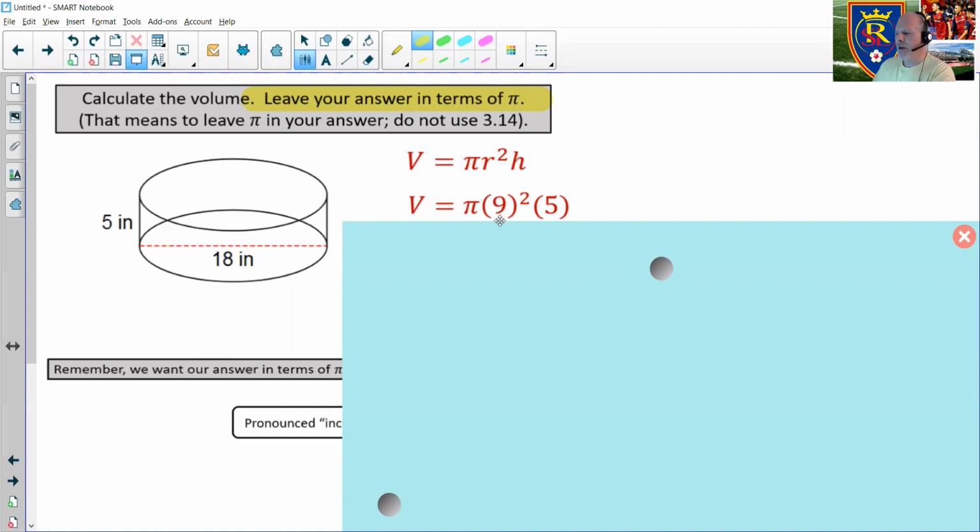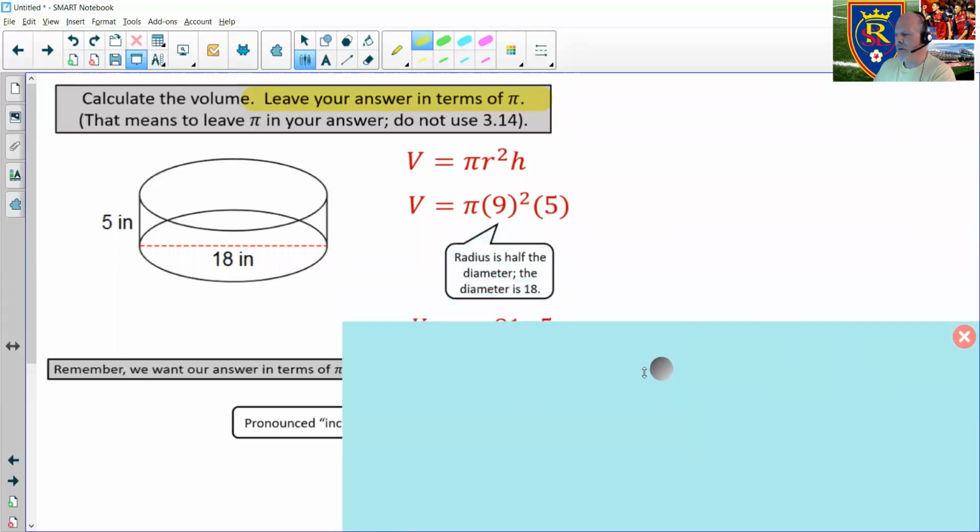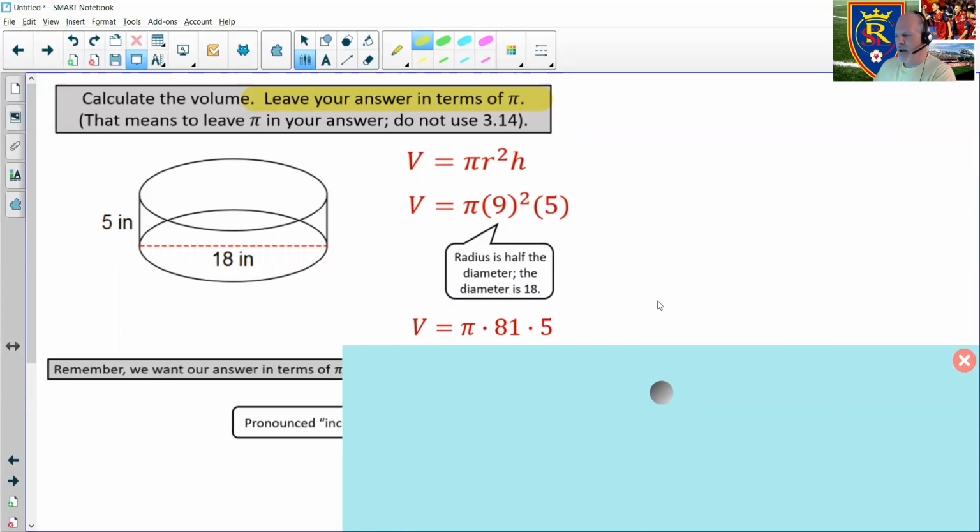So we plug in 9 for r. The h is the height of the cylinder, which is 5 inches. So we put 5 for h. Then, following our order of operations, we square the 9, and we end up with V equals pi times 81 times 5.